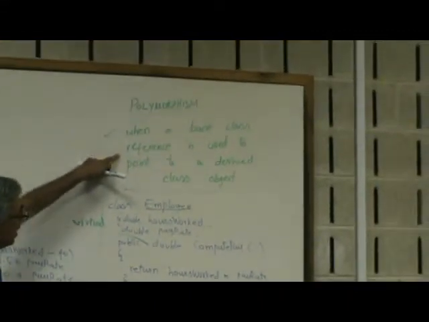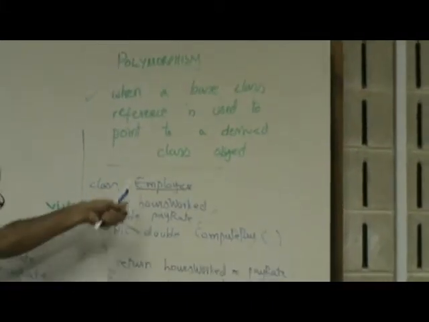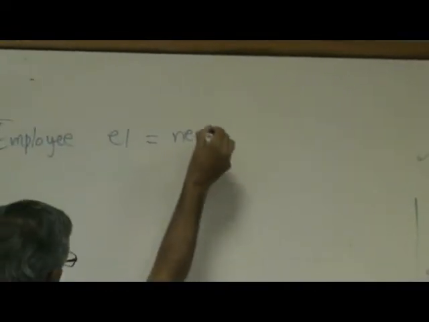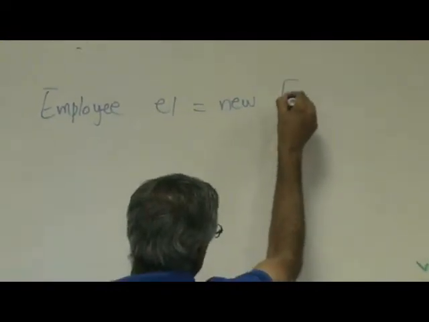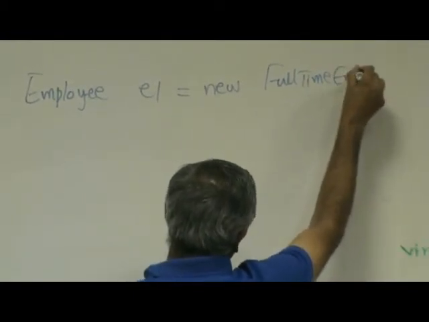So now, as far as this concept is concerned, base class reference. So what's the base class in this example? Employee. So if somebody created an Employee type of reference equal to new, but however, they allocated memory for a FullTimeEmployee.